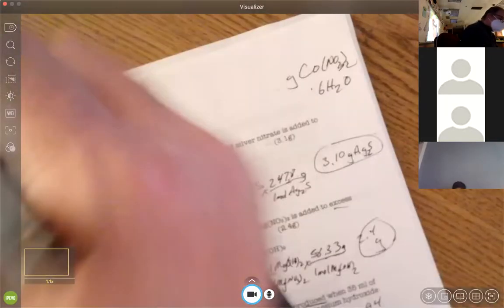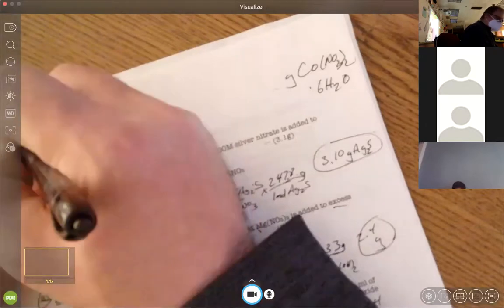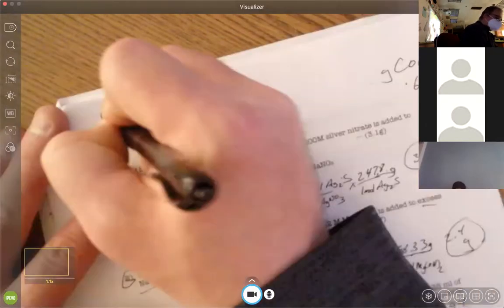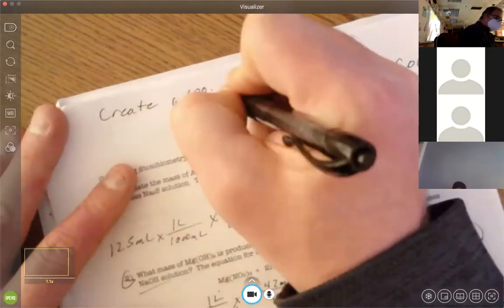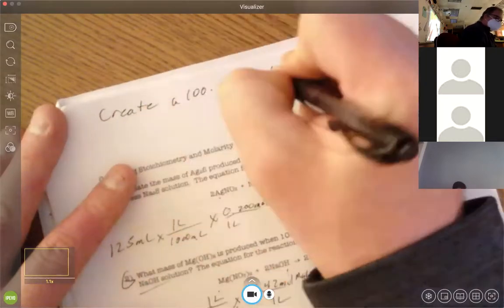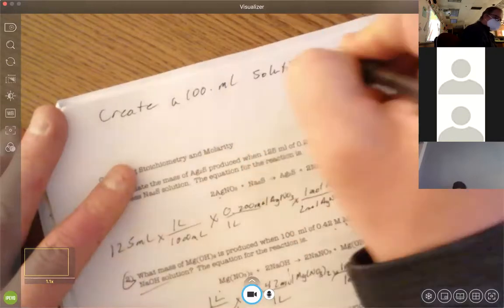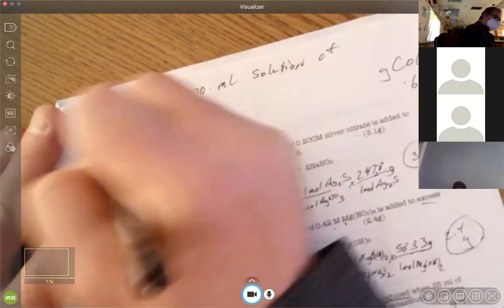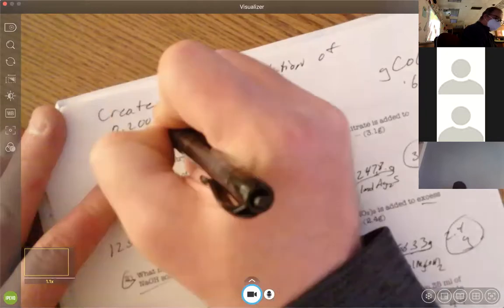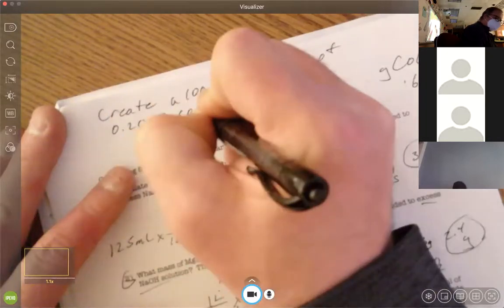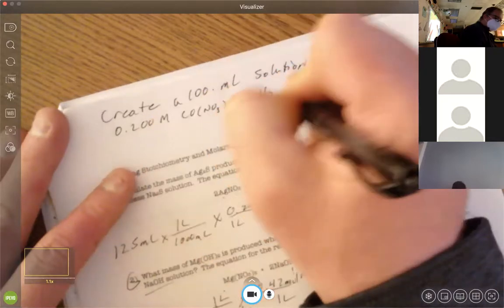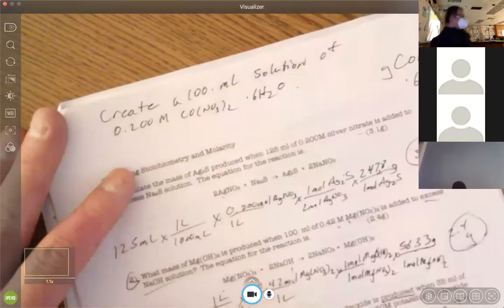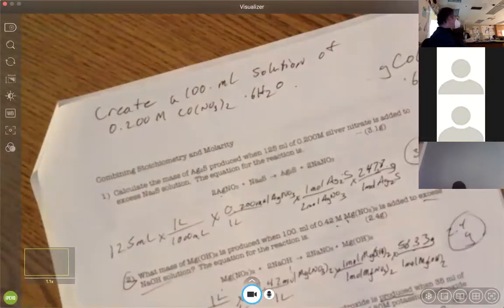So the paragraph for yesterday was just typed out. It was create 100 milliliter solution of 0.200 molar cobalt 2 nitrate hexahydrate. That's what the lab is.